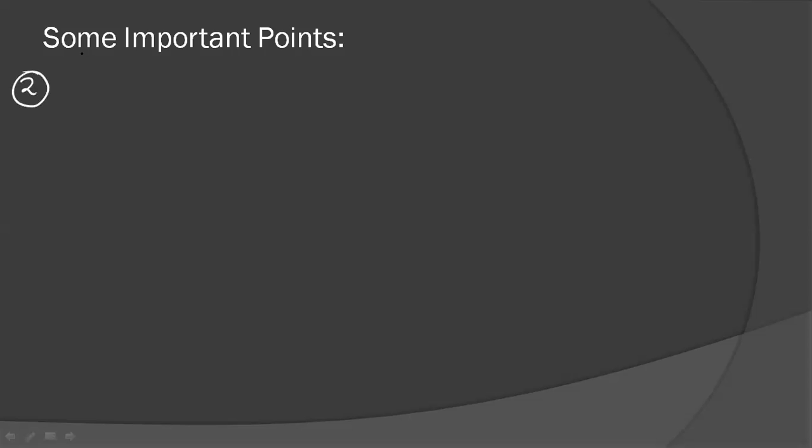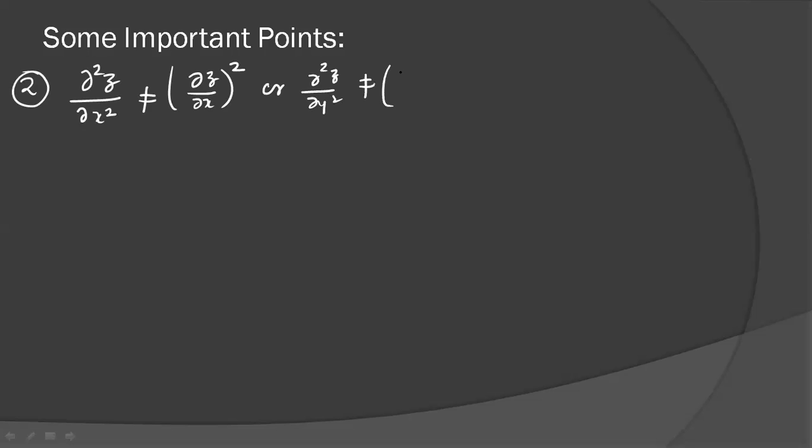Second point I have, some people confuse: del 2z over del x square is not del z over del x whole square. Remember this point. This is not equal to (del z over del x) square. Or del 2z over del y square is not equal to (del z over del y) square in general. Third, this is not the correct notation.